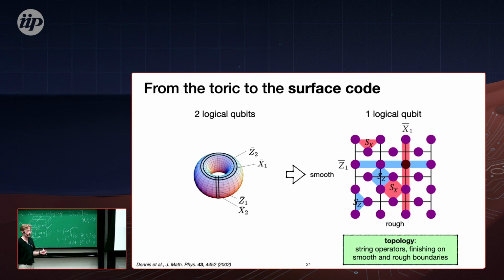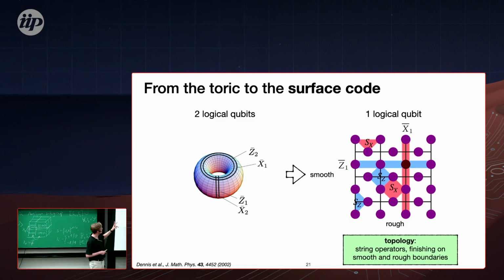We will now first go from a torus, because it's complicated, since you have to think around the boundaries, to something which lives on a plane, and go from the toric to the surface code. For that, we again need to make sure that all of these conditions for the logical operators and for the stabilizer generators can be fulfilled, and that we still have enough constraints left in order to encode logical qubits.